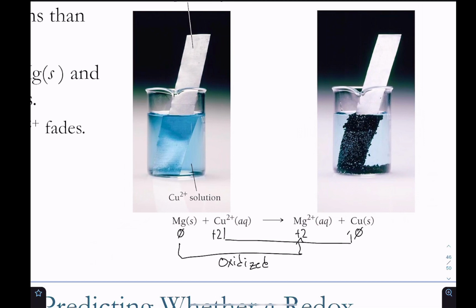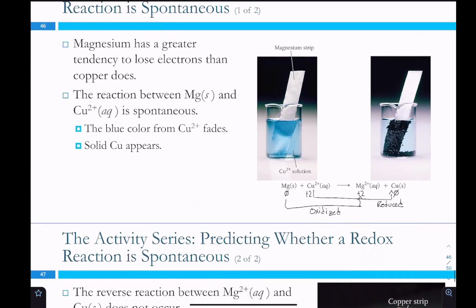Copper is being reduced, and it stole magnesium's electrons. So whoever wins Element Fight Club steals the electrons. So copper ion is a stronger oxidizing agent than the magnesium.